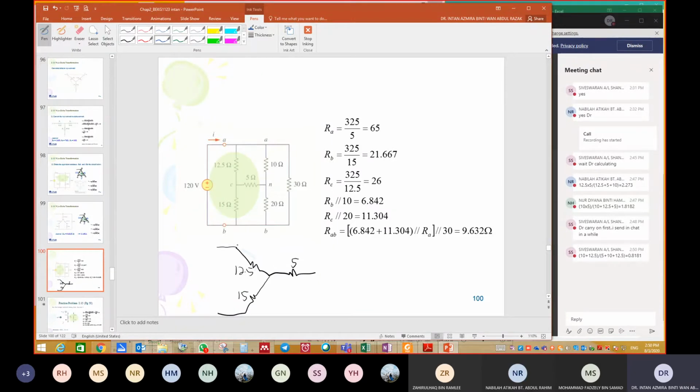Sorry, I forgot to draw the R. Imagine that this is R. RA is equal to 3. How to get this R?